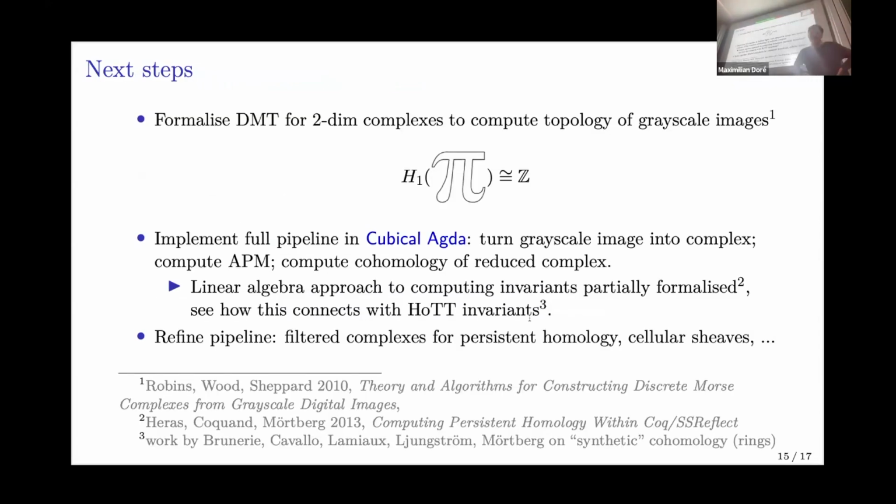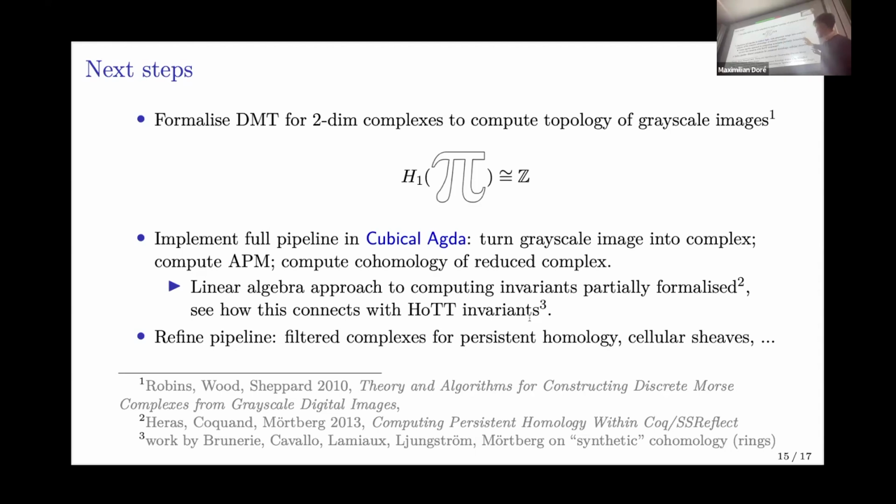Of course, it would be nice to reason about spaces that are of interest to actual people. And it turns out that already going one dimension up would lead to something which is of interest. So if we can do discrete Morse theory for two-dimensional cubical complexes, which is something I'm working on at the moment, then we can, for instance, reason about images. So this pi, this is just a JPEG.